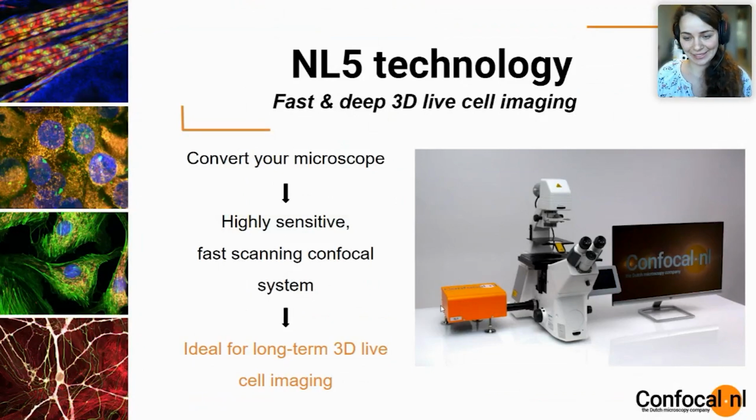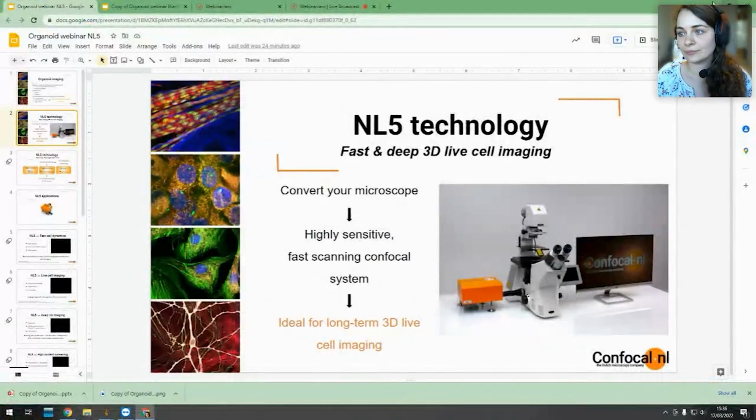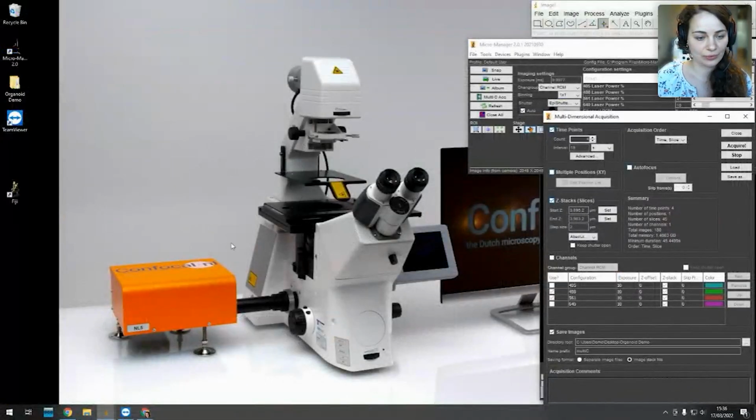Yes, so as you can see, the orange box here, this is NL5, which couples at the moment to an inverted microscope, and it converts it to a fast scanning confocal microscope, which is ideal for 3D live cell imaging. So this is the same image that you can see here. And as I mentioned, NL5 is a highly sensitive system.